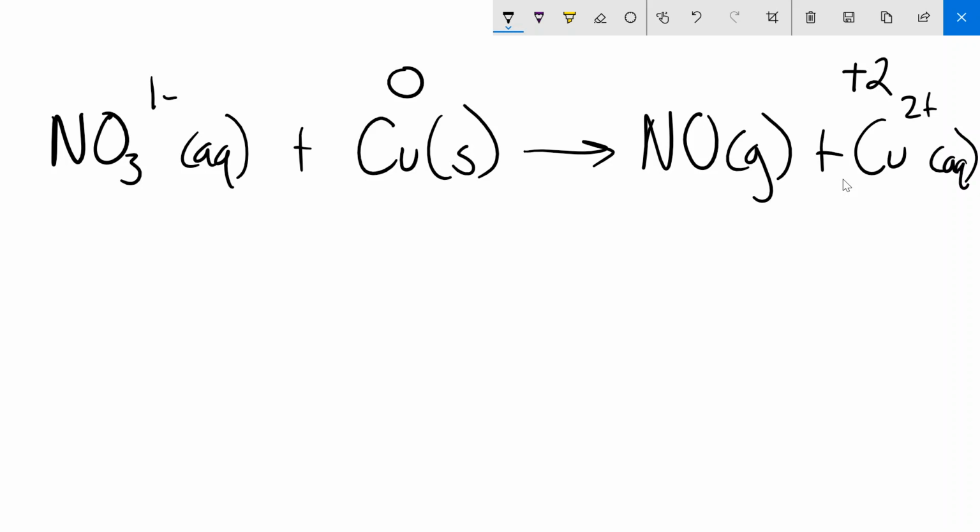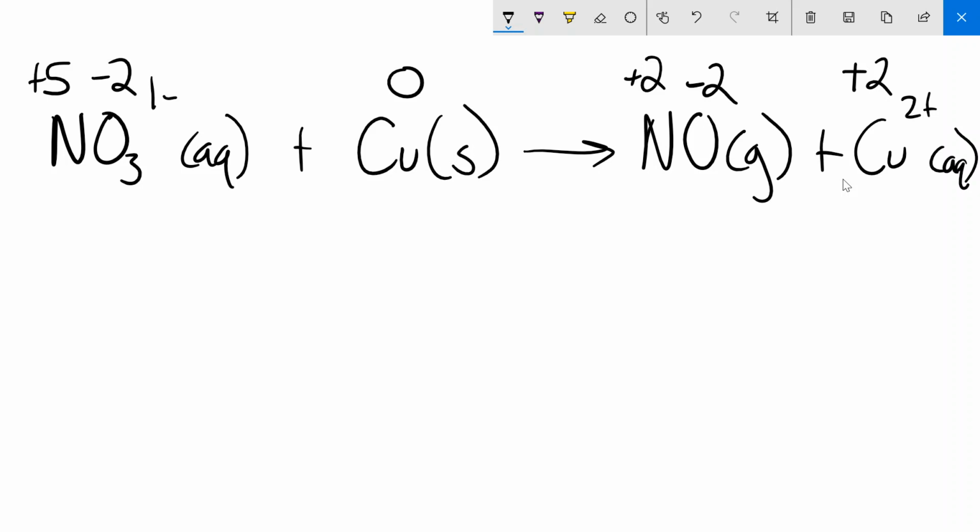For both of these, we don't see fluorine or a peroxide, so we can give oxygen its preferred oxidation state of -2 in both of these substances. That means that our nitrogen in nitrate has a +5 oxidation state, and then our nitrogen in nitrogen monoxide is going to have a +2 oxidation state.